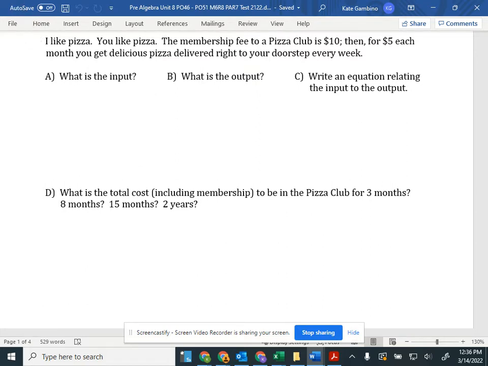So our input, what we're putting into our equation, that number we pick, is the month. So I put that as M, but it's your month. Then what we get out is going to be your cost. I put C. Now when we're going to write our equation relating the input to the output, we want to know the cost, because that's what we're getting out.